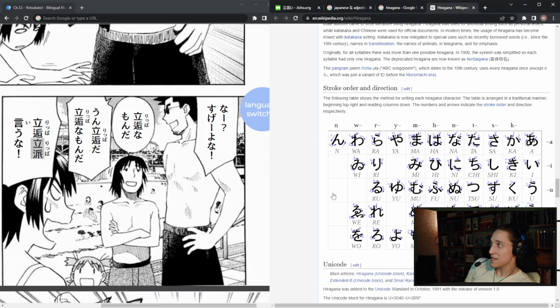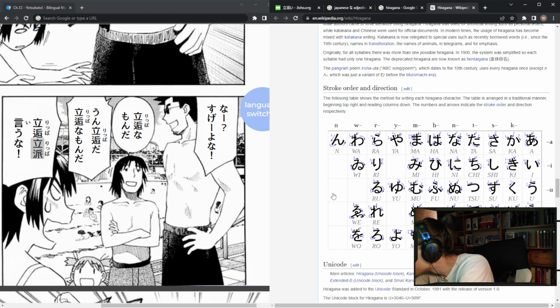When I was learning hiragana, it was not. Well, okay, what is this kana? The first.